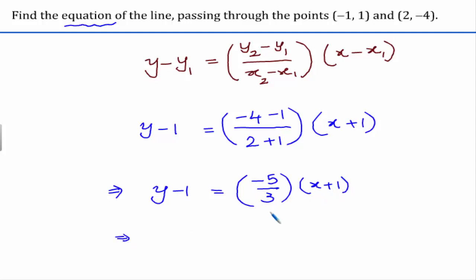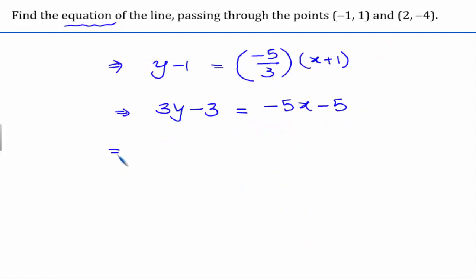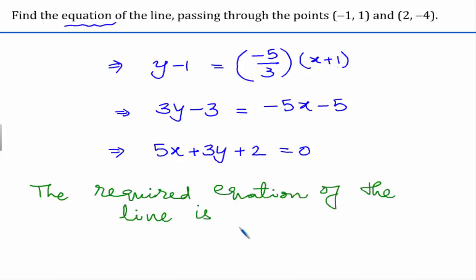Now by cross multiplying we get 3y minus 3 is equal to minus 5x minus 5, and on further simplification of the equation we get 5x plus 3y plus 2 is equal to 0. Now the required equation of the line is 5x plus 3y plus 2 is equal to 0.